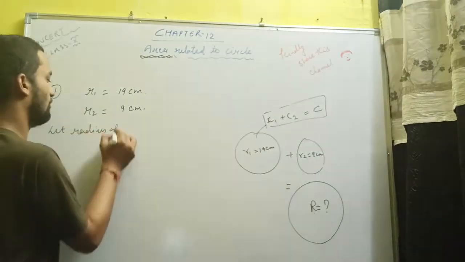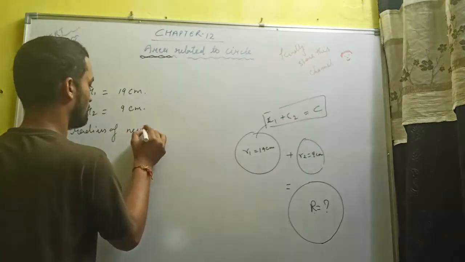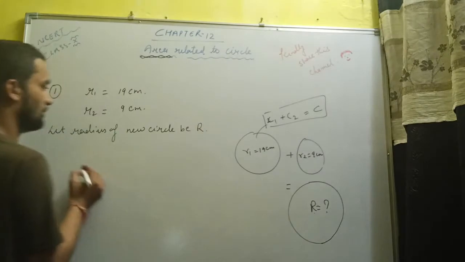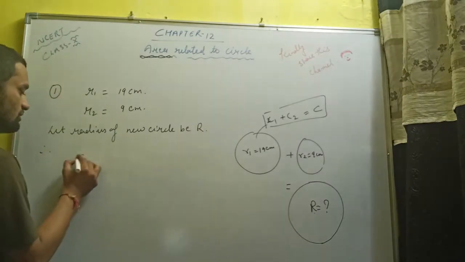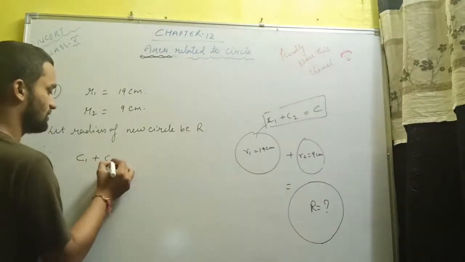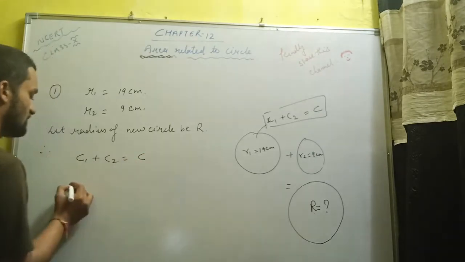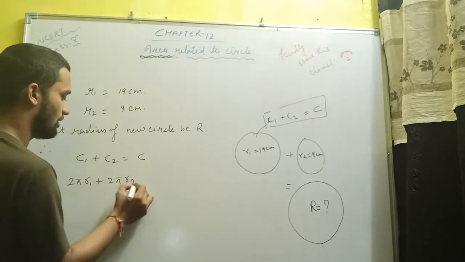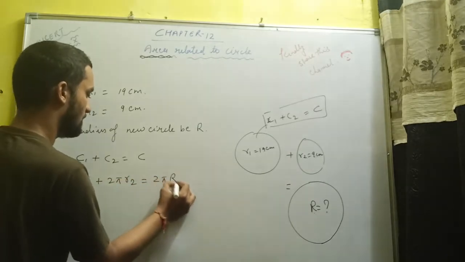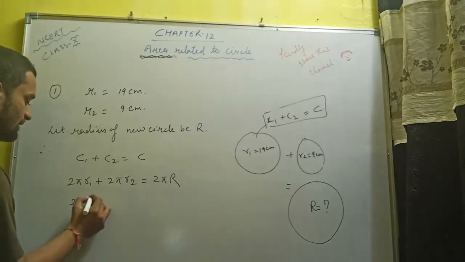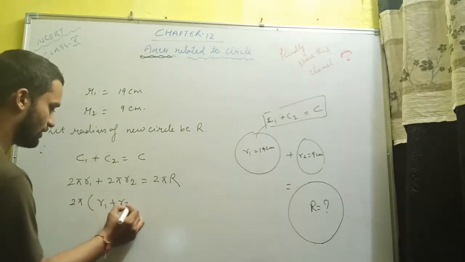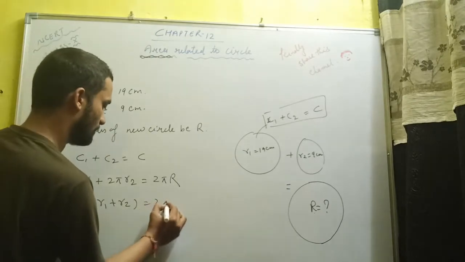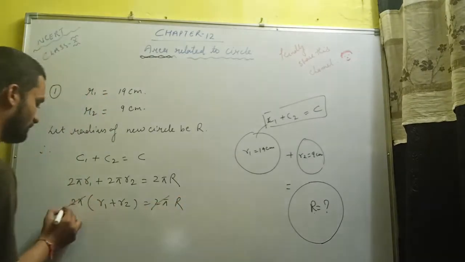Let the radius of the new circle be R. As per the question, C1 plus C2 is equal to C. So 2 pi R1 plus 2 pi R2 is equal to 2 pi R. 2 pi can be taken as common, so R1 plus R2 is equal to capital R. This 2 pi will cancel out.